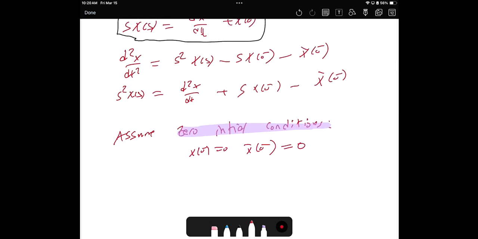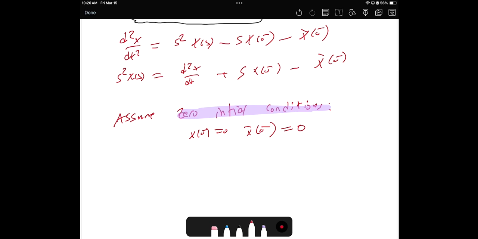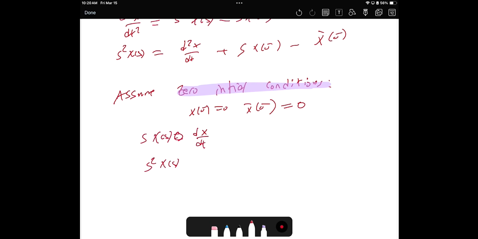So s X of s, the equivalent is the derivative dx/dt. s squared X of s, the equivalent is d squared x over dt squared. And again, this is valid only with zero initial conditions. Okay?